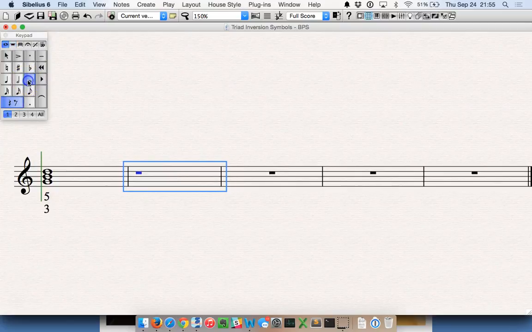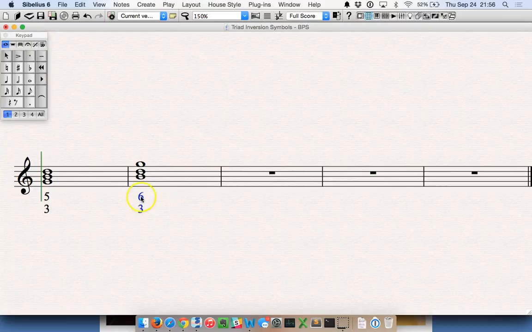Let's take a first inversion. You're probably guessing where this is going. In this case, B to D is a third, and B to G is a sixth. That's where we get the 6-3.